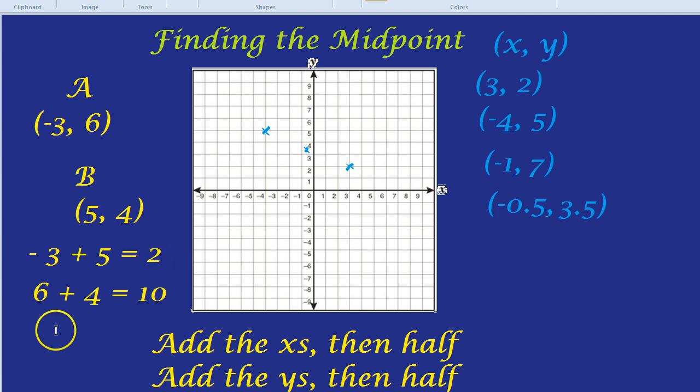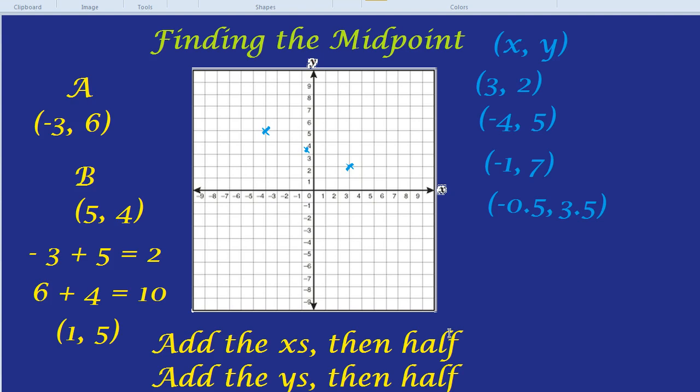Half of 2 is 1. So the midpoint is at 1, and half of 10 is 5. So the coordinate is 1 and 5 for the midpoint of A and B. Just to recap, you add the x coordinates, divide by 2, add the y coordinates, and then divide by 2.